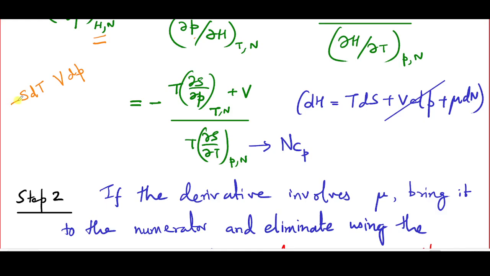is something which comes with a minus sign because T dS has a plus sign as far as dU is concerned, and V dP by the same token comes with a reverse sign of T dV, so has to come with a plus sign.